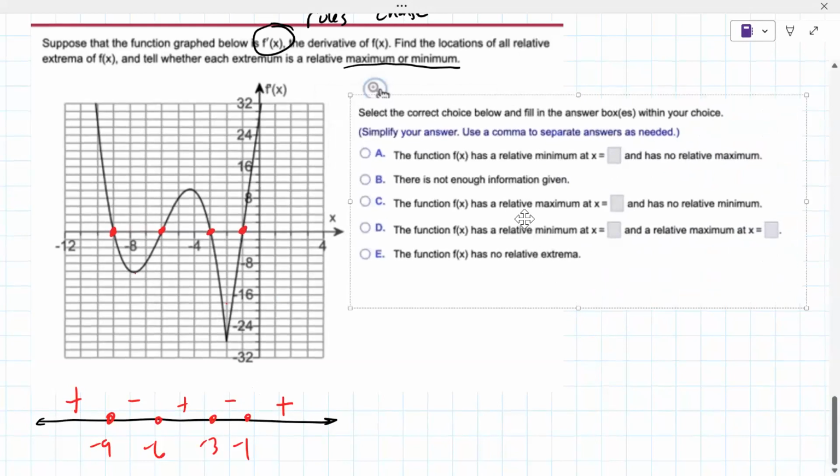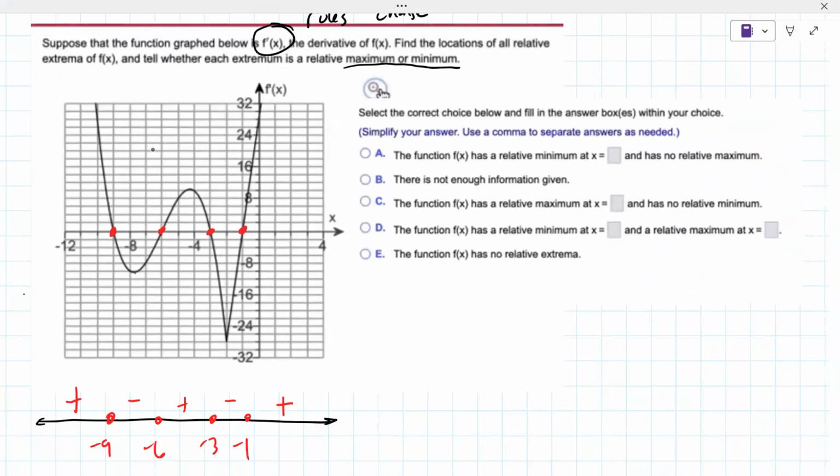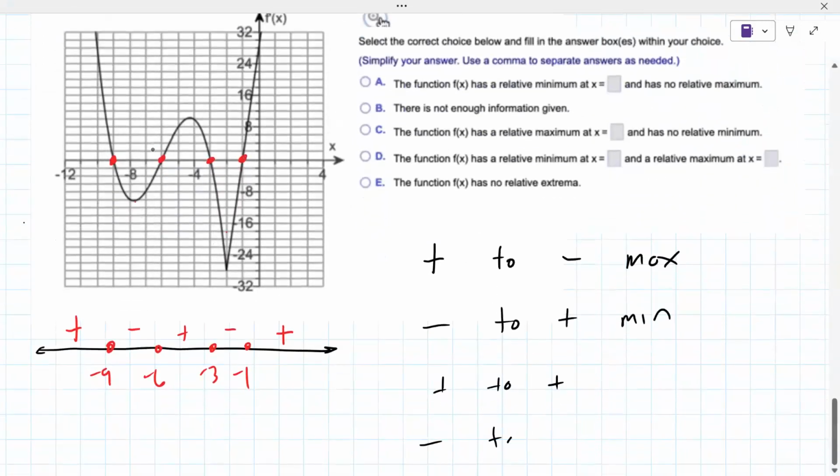This would go on a note sheet, if you were allowed to have one. If it goes from plus to minus, it's a max. If it goes from minus to plus, it's a min. Plus to plus and minus to minus is nothing.